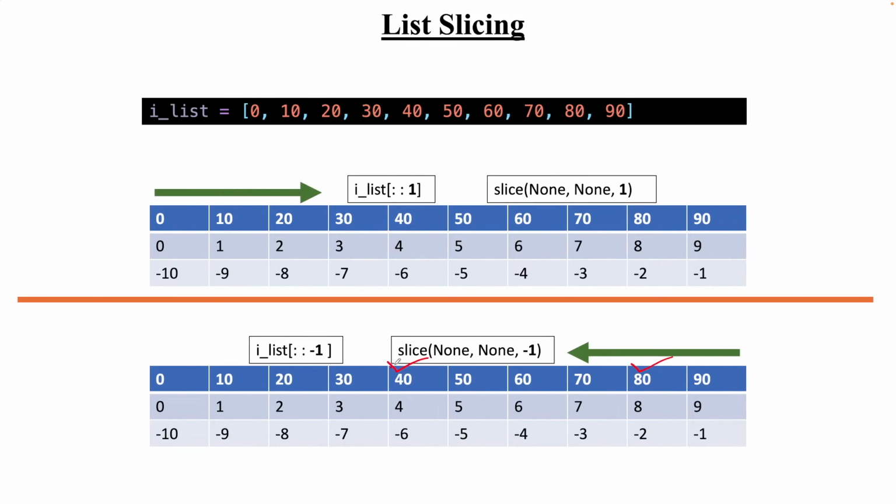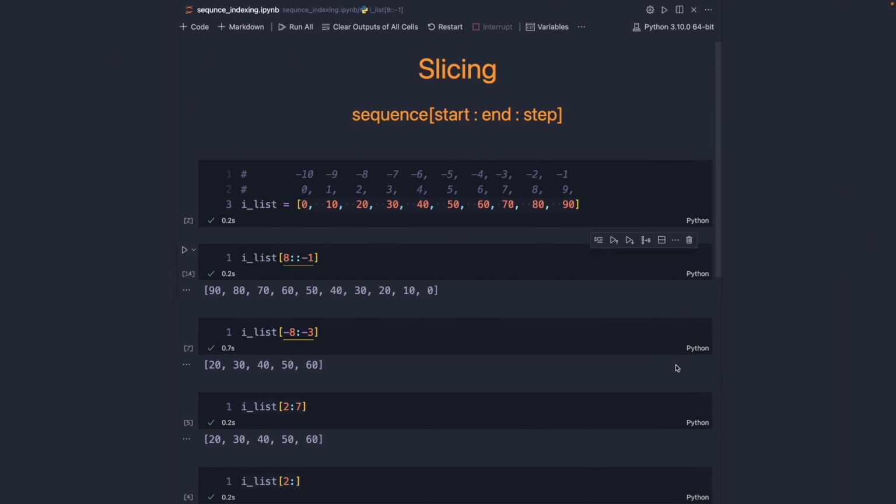So whenever we have a negative step, we have to subtract one from the end index, whereas in a positive step we add one.